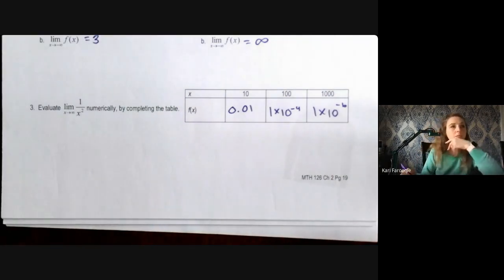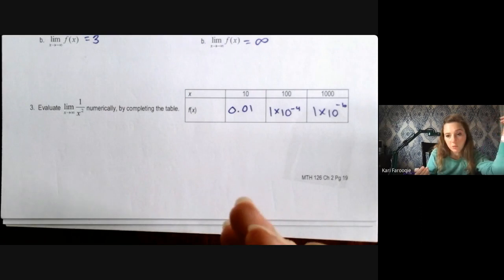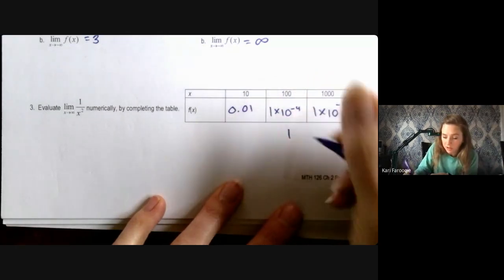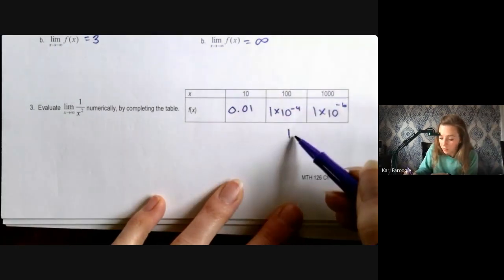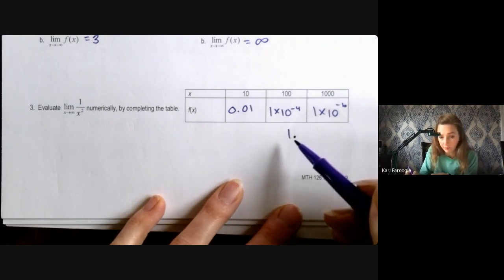Now, in the previous part of this, we got answers like 1 times 10 to the +4th, and we were talking about how those were these huge numbers. But remember, when we are using scientific notation and the exponents are negative, we're actually moving in the other direction for the decimal. So when this says 1 times 10 to the -4th, you're taking 1, you're assuming the decimal's right after the 1, and then you're moving it to the left 4 places.